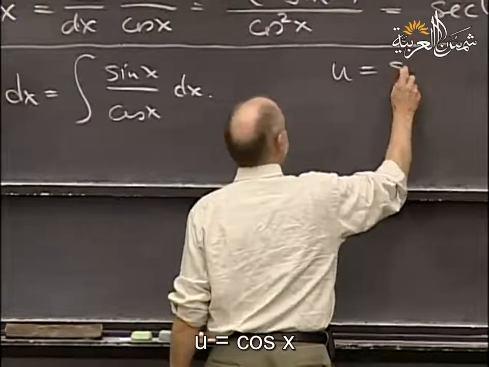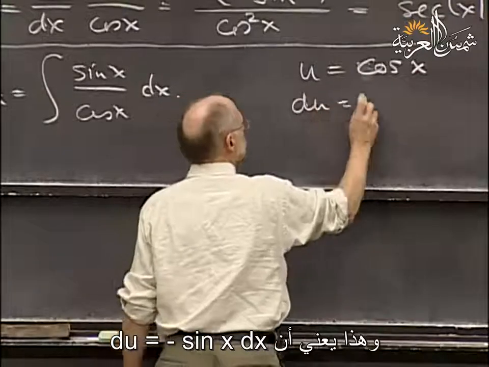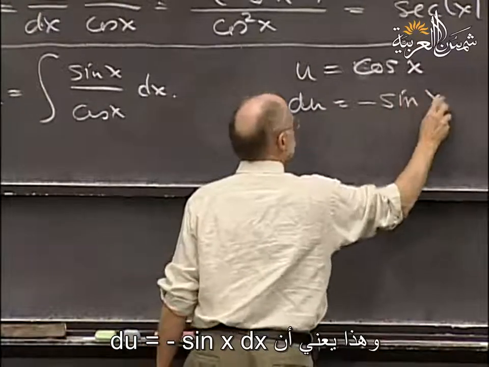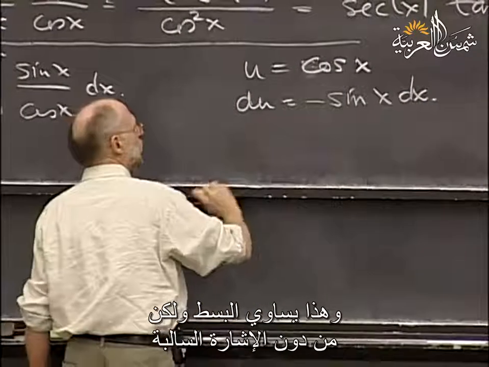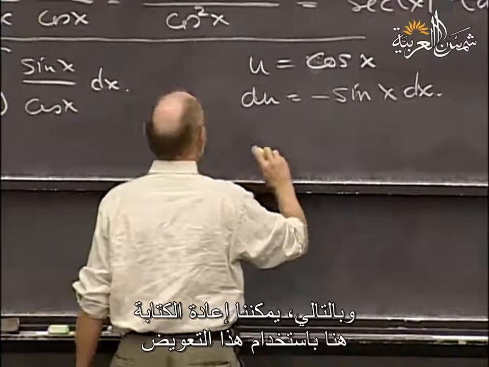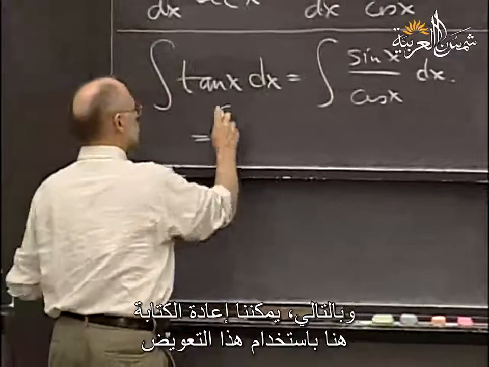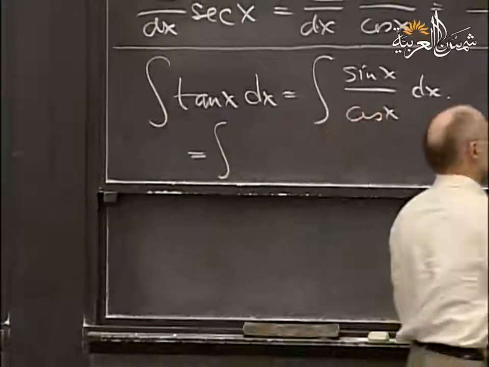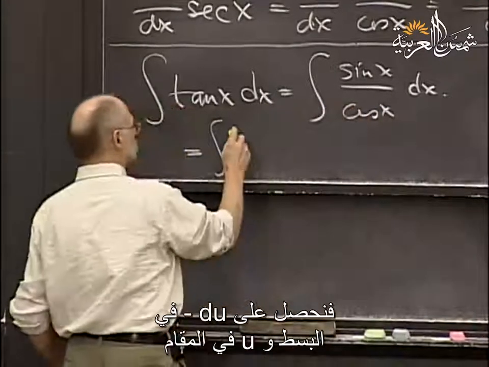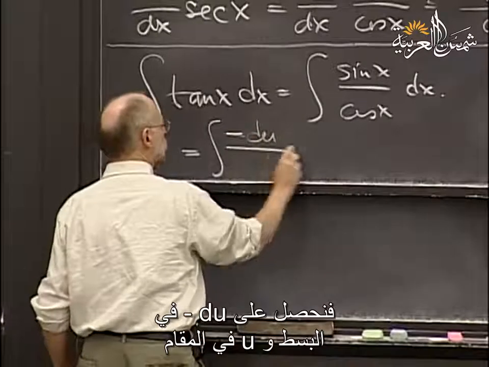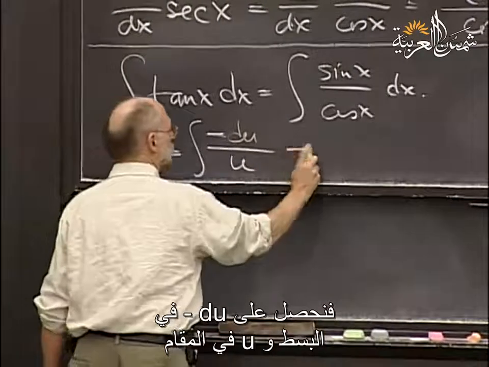U equals the cosine of x, which means du is minus the sine of x dx. That's the numerator, except for the minus sign. And so I can rewrite this, under this substitution, as minus du, that's the numerator, sine x dx is minus du divided by u.